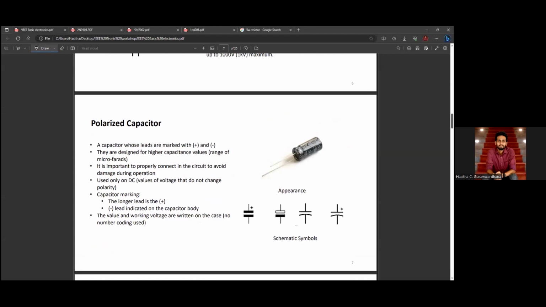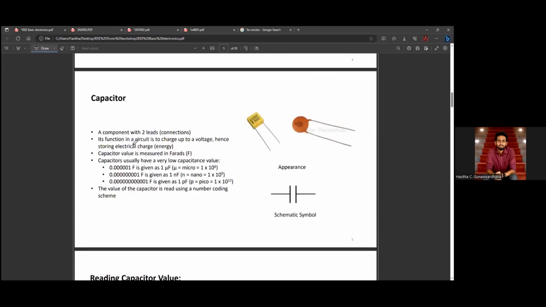non-polarized. As the name suggests, non-polarized capacitors have no plus and minus terminals, so you cannot see any marking here. This also has two leads, and the functionality of a capacitor is to store energy as a static electric field.